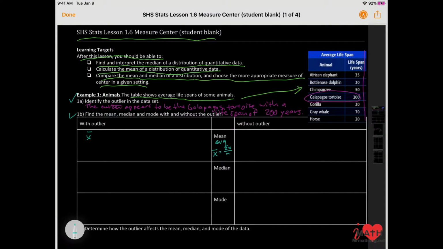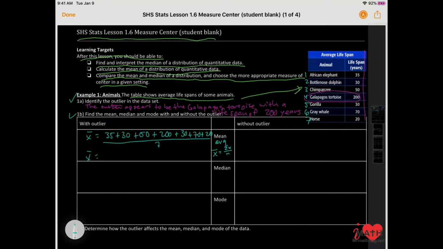So X bar is going to equal, looking at that list, 35 plus 30 plus 50 plus 200 plus 30 plus 70 plus 20. And then you can count how many animals: 1, 2, 3, 4, 5, 6, 7 animals.